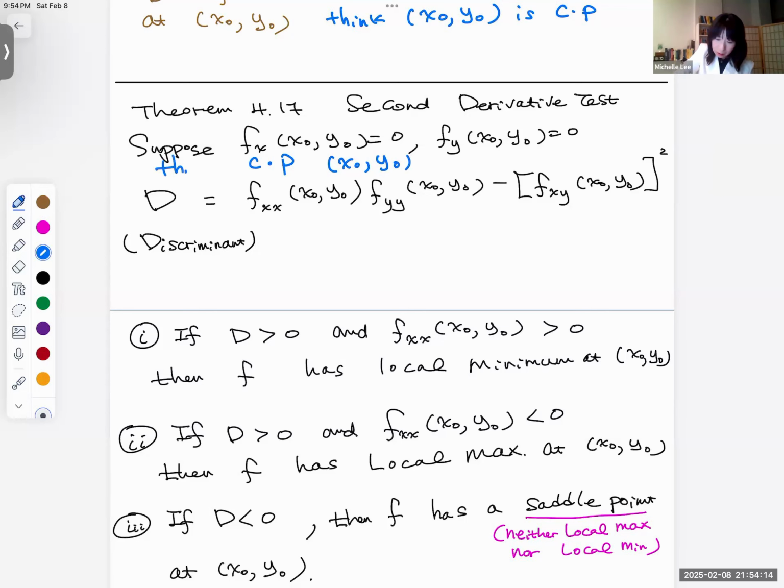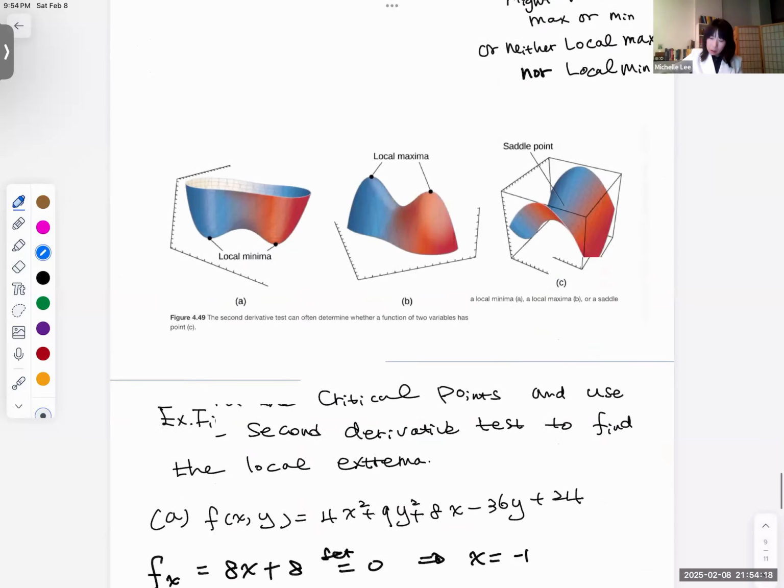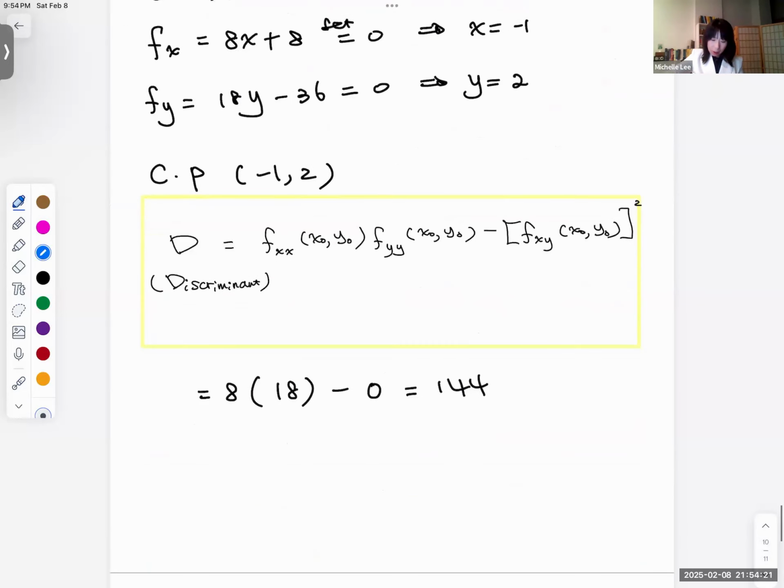In this case, we don't have any variable to substitute, so we just have a number, right? Okay, so let's talk about this D, the discriminant, which is 144, which is greater than 0.